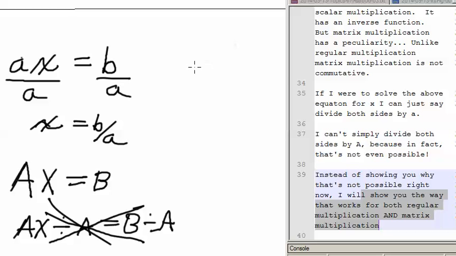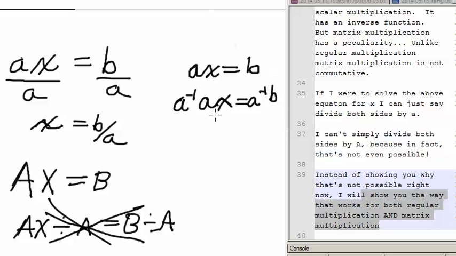So in regular multiplication, I can go ax equals b, and then multiply both sides by a inverse. So this would be 1 over a. x equals a inverse b. And this works because I'm not using the commutative property. I'm just putting this before the thing in both of them.